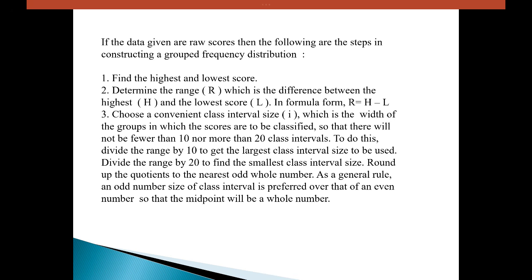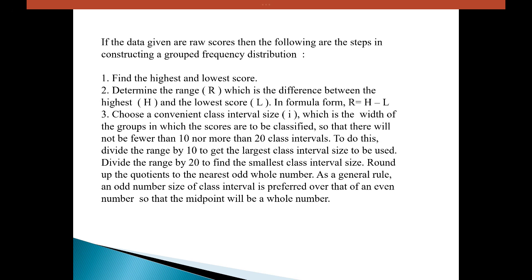If you have your data, your raw scores, this is how you will create a group frequency distribution table. First, you need to find the highest and the lowest score among your data. Do not be mistaken, you need to find the highest and the lowest score. Those two are important.